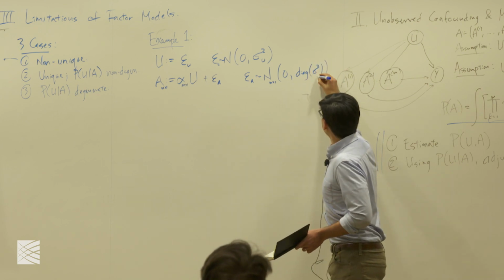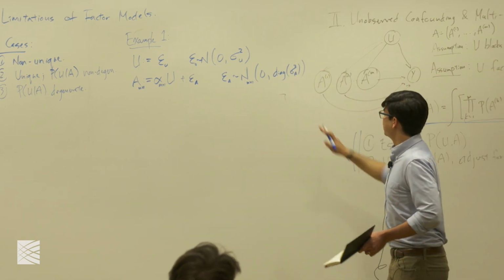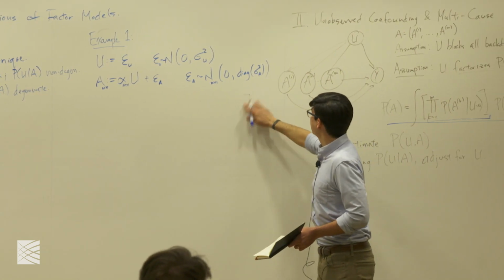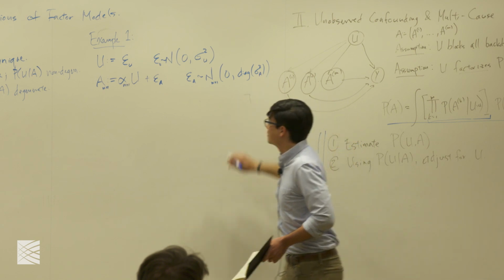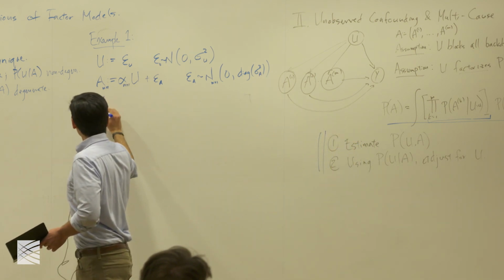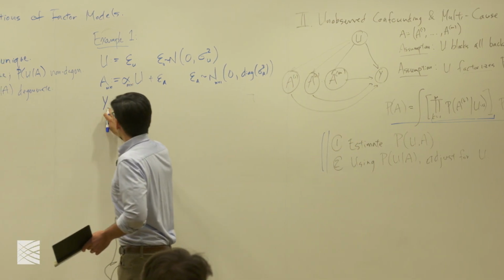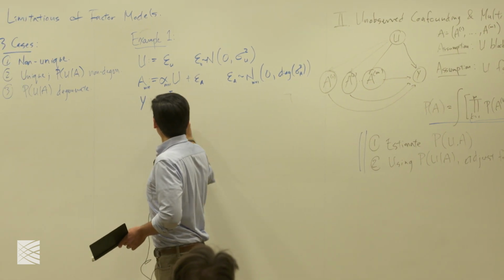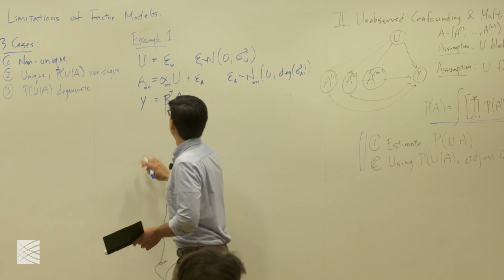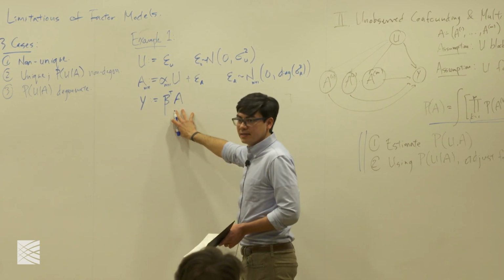And we'll just give it diagonal variance where the scaling along the diagonal is parameterized by some parameter sigma a. Final thing we'll look at is a scalar outcome y. And so y is going to be some linear combination of these a's.